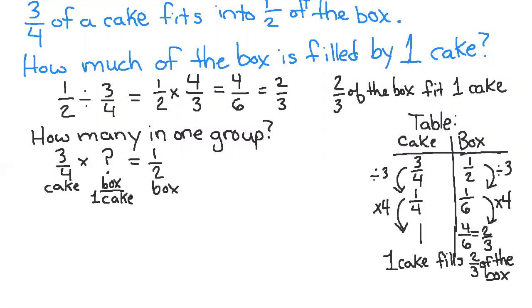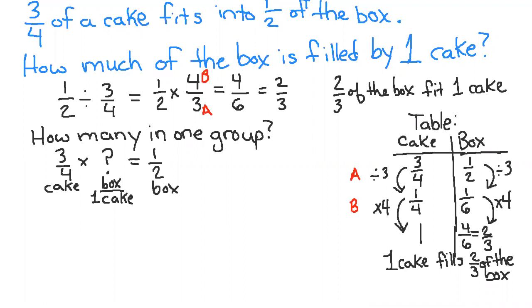And you can see that we divided by 3 and multiplied by 4, which is the same thing we've done in the standard algorithm, invert and multiply. Dividing by 3 is equivalent to multiplying by 1/3, and then multiplying by 4 is the numerator of 4, because we just multiplied by 4.